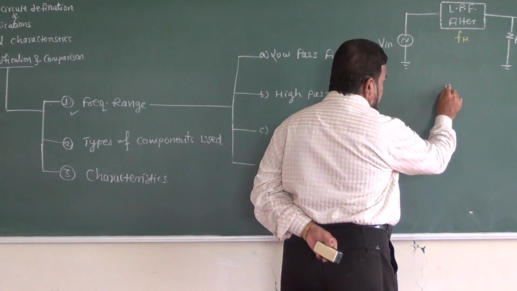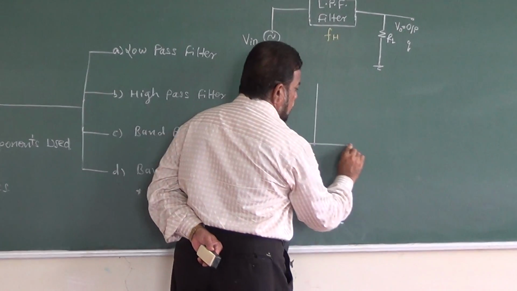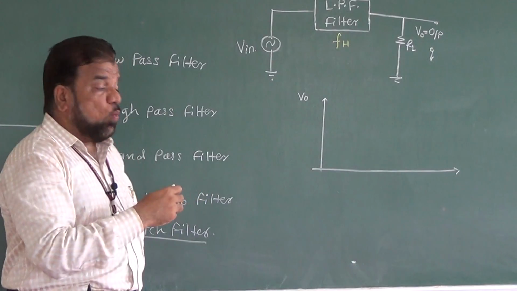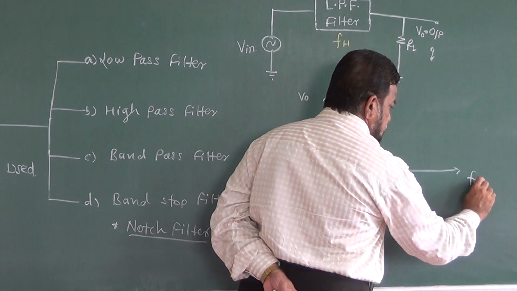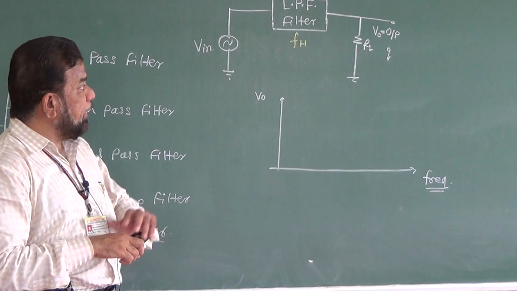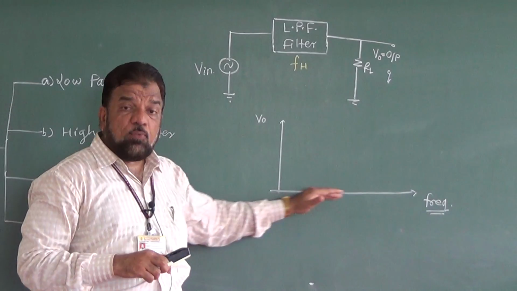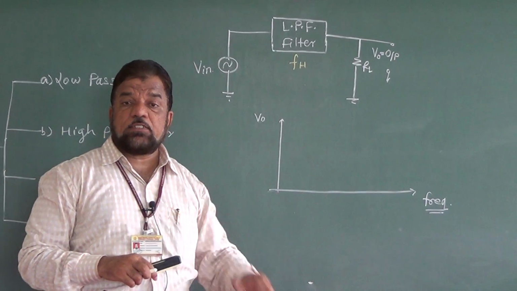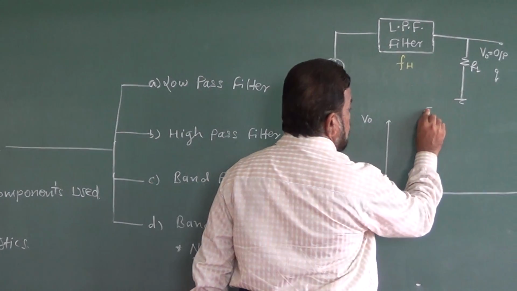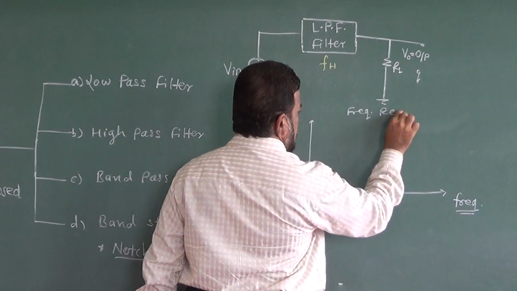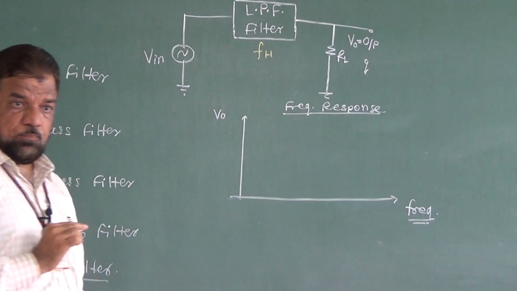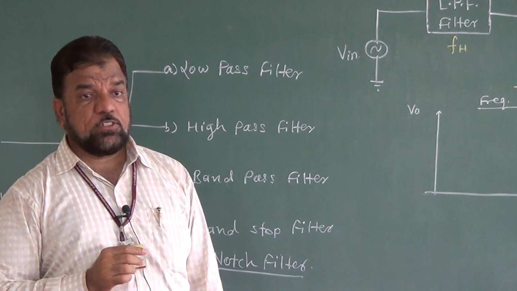So if I plot the graph of the output of the circuit, either output voltage or output current, versus frequency, how the circuit behaves for different frequencies is represented with the help of a graph, and that graph is called a frequency response. Response of a given circuit for different frequencies.